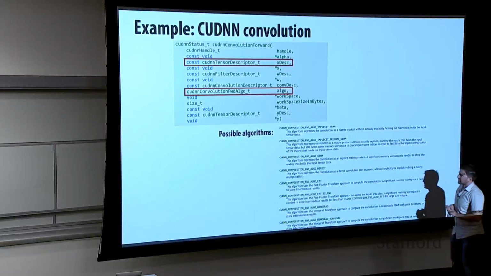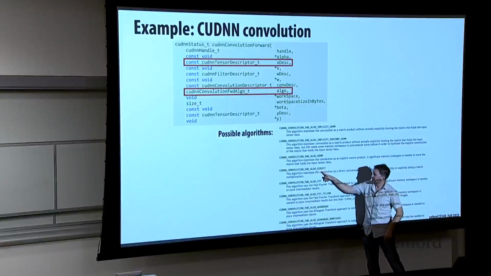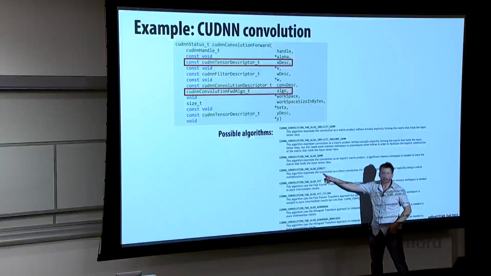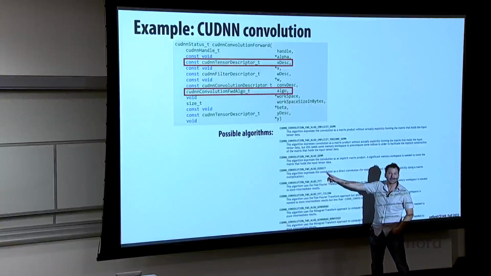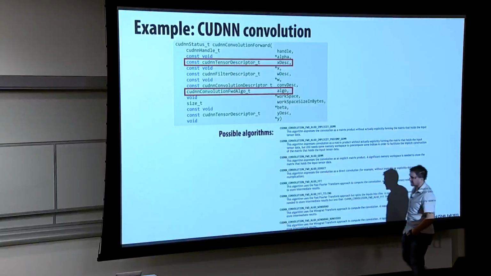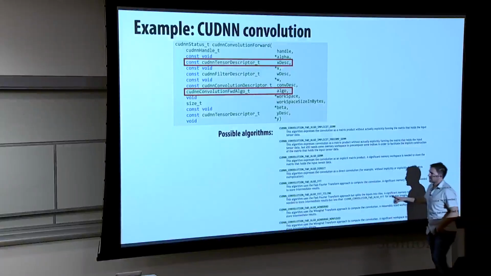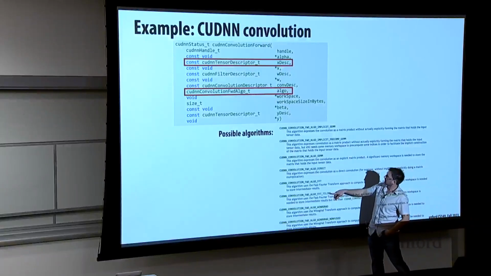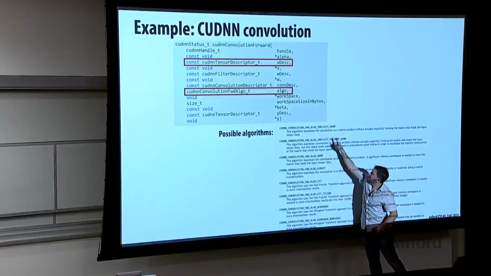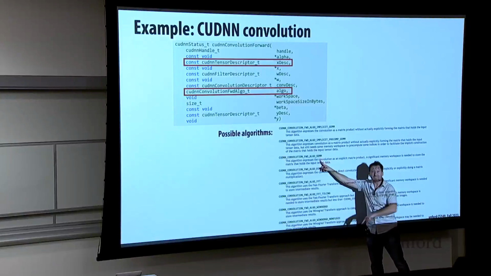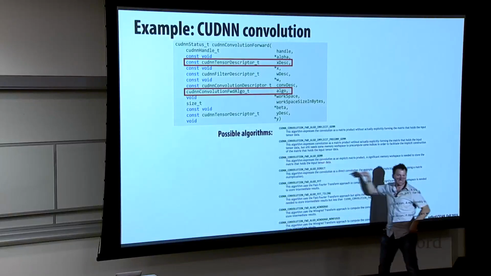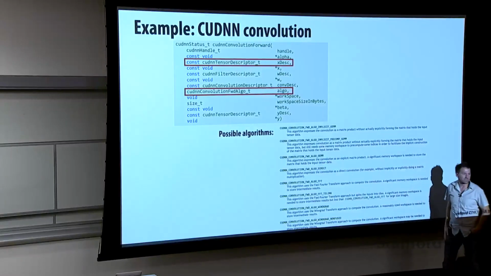Right? Here's forward algorithm direct. This would be like, just use your blocked version of my 7 loop nest to actually directly do the convolution. Here are various other ones like, here's GEMM, but not implicit. So this actually says copy the data into these big matrices, and please do it as a normal matrix multiplication.